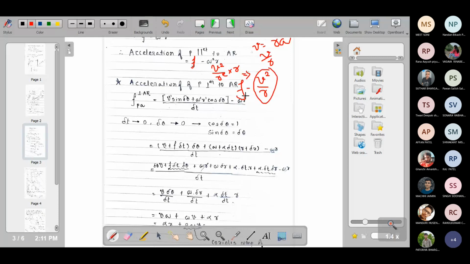It is the centripetal component, yes or no? It is towards the center of rotation. That is why I have put a negative sign.